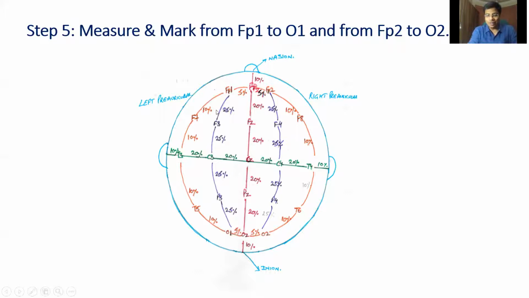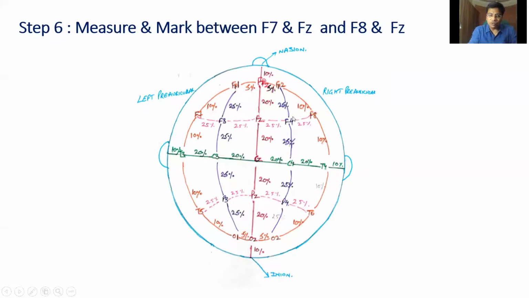But I just wanted to inform you, you have found F3 and F4, but the best thing is, if you take the inch tape again, starting from F7, passing through FZ, passing through F8, where this line crosses F3 and F4, that will be the true F3 and F4, which is shown in this last step.